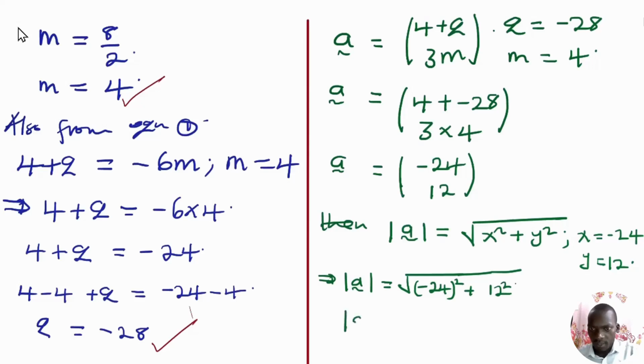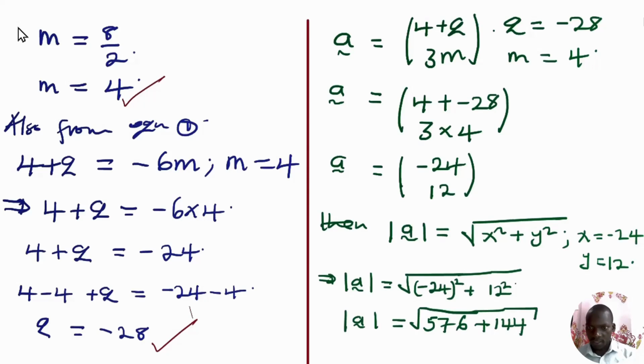Negative 24 squared is 576, plus 12 squared is 144. The whole of it is under square root, implying that our magnitude of vector A is going to be equal to the square root of 720.